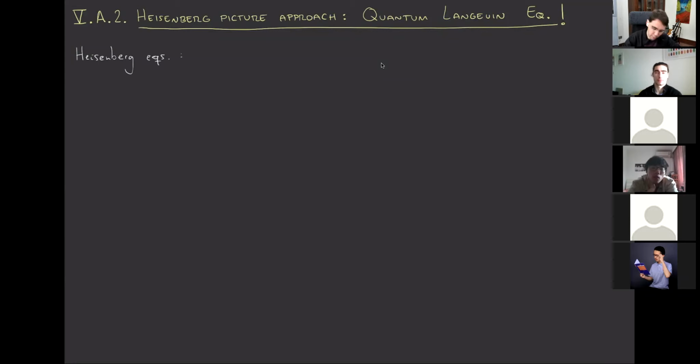So the Heisenberg equations, for example, the Heisenberg equation of the intracavity mode, or the annihilation operator of the intracavity mode.